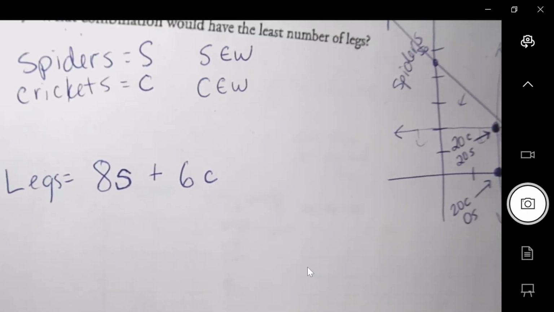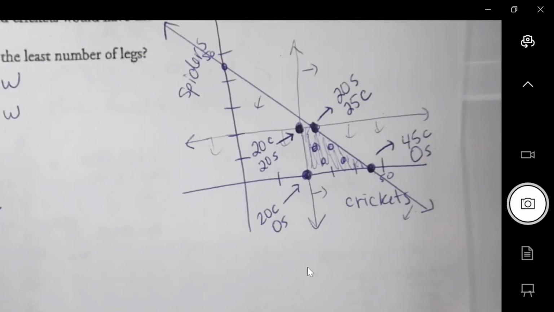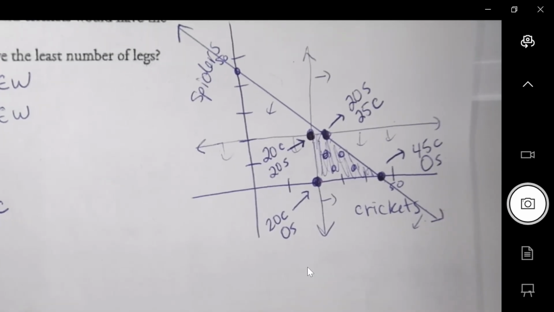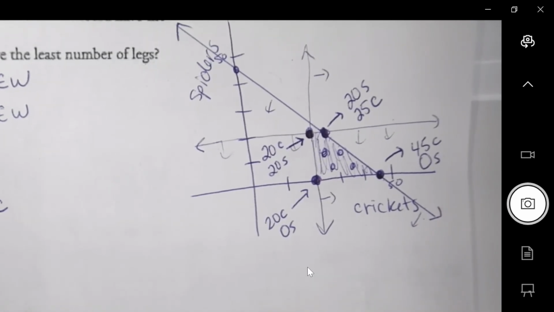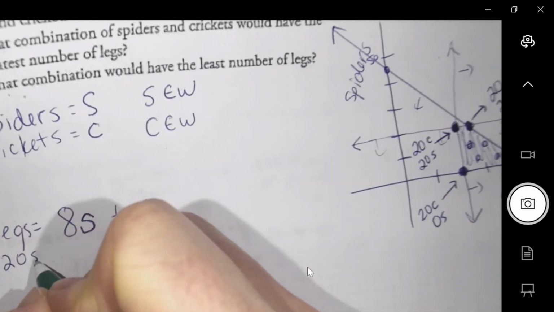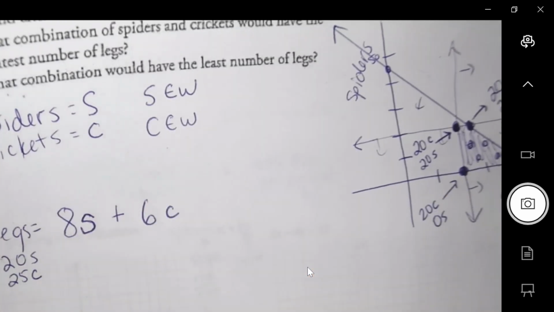So we are going to plug in all 4 points that we got to see which point ended up being the highest. One of those points will be the highest. One of them will be the lowest I'm able to have. Okay, so 20S, 25C.